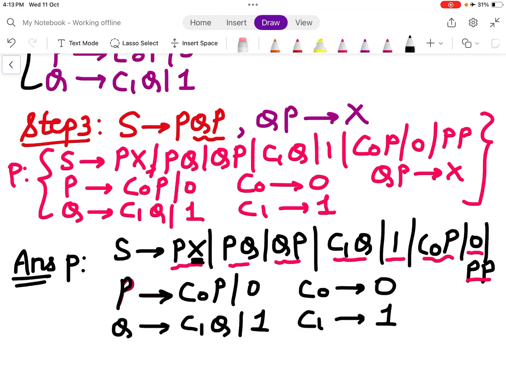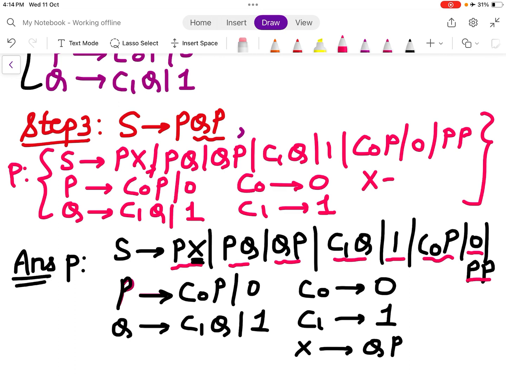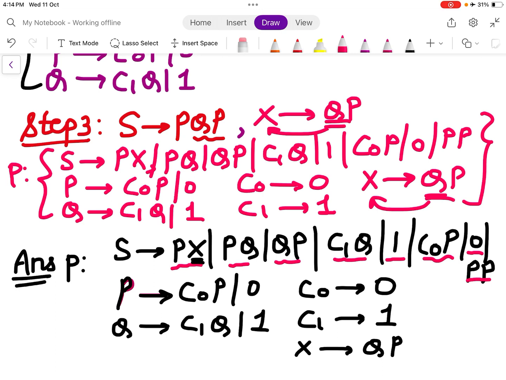And instead of QP we wrote an X. Sorry, X was replaced with QP. Instead of 0 we wrote a C0. Instead of 1 we wrote a C1. So now this is the final answer.